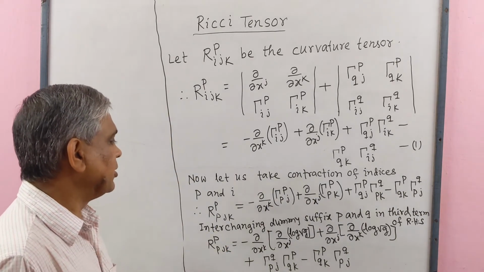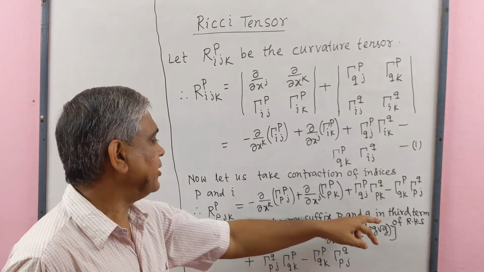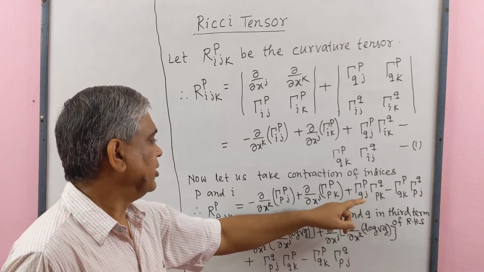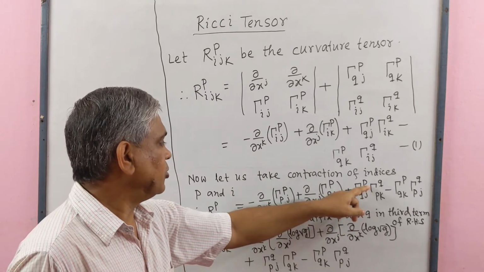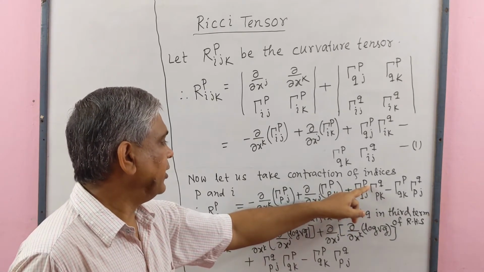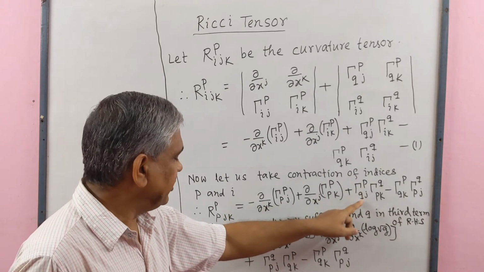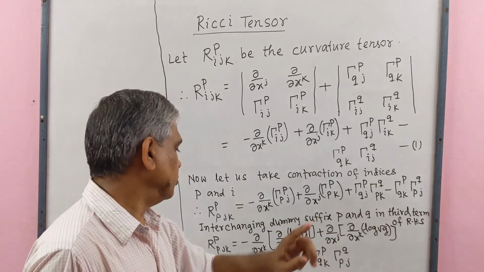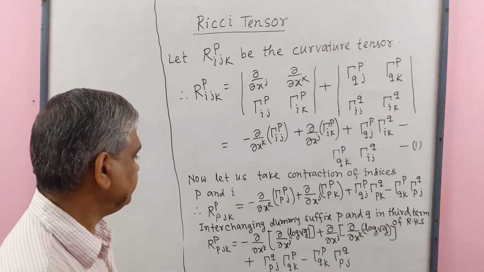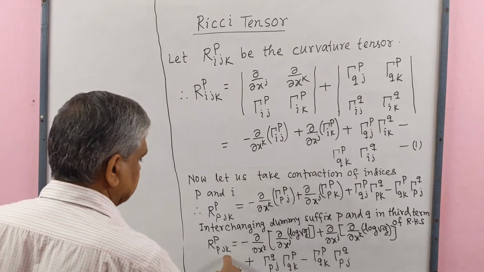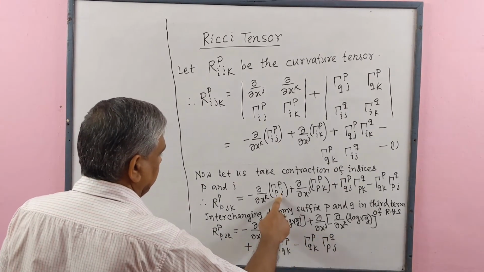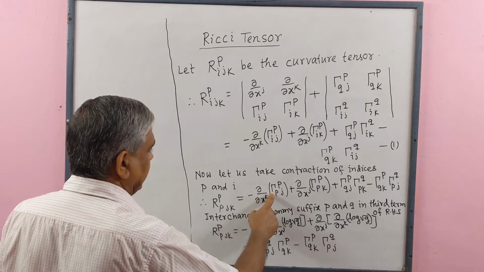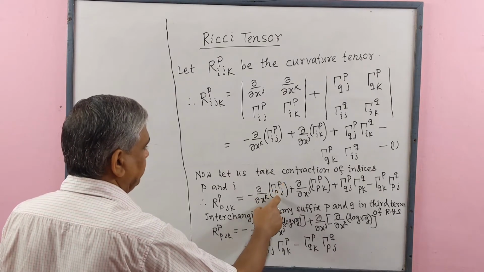Interchanging dummy suffixes p and q in the third term of the right hand side: in place of p we write q, and in place of q we write p. Here we have Christoffel symbol of second kind {p, pj}.